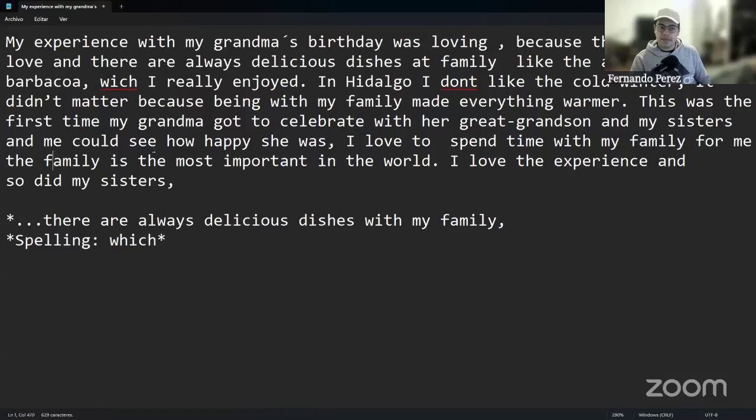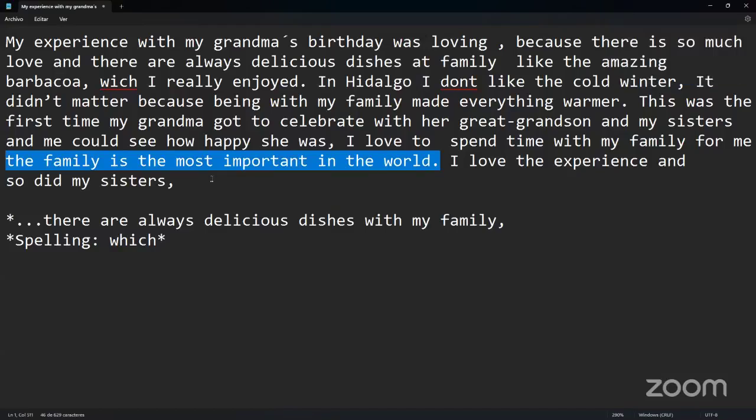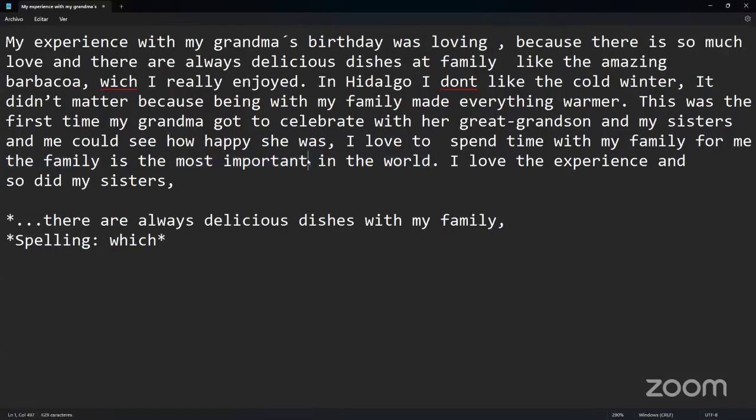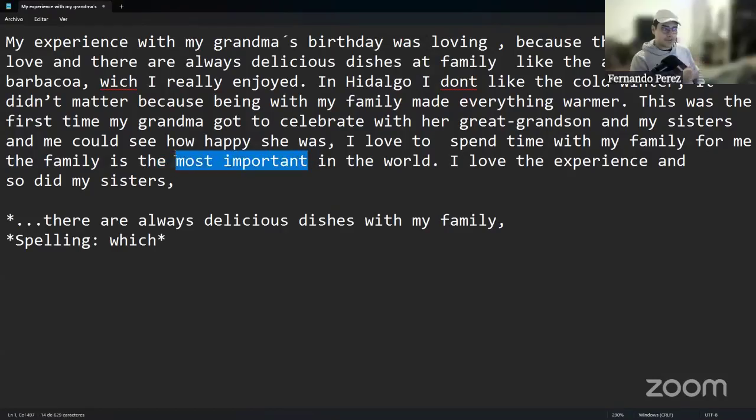For me, the family is the most important in the world. De hecho, tengo un video en TikTok que lo explica. We need to use the most important thing. It's similar to what happened to Rox. She said, the second cave is the biggest. The biggest what? You need a noun.